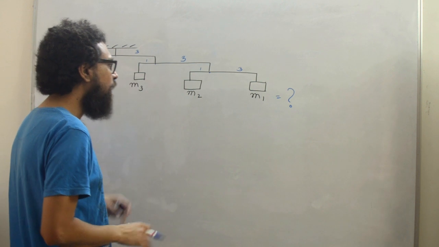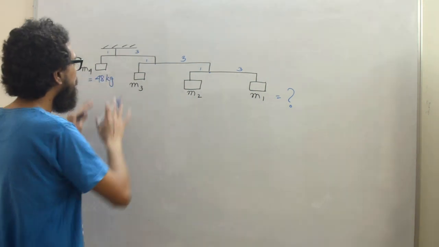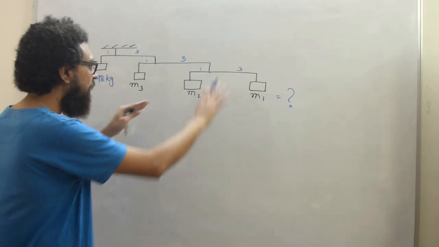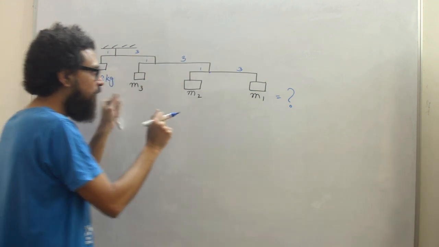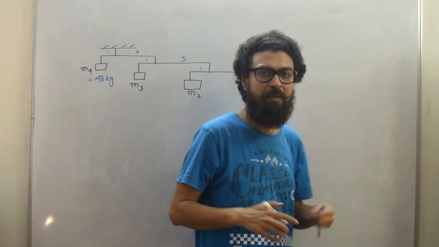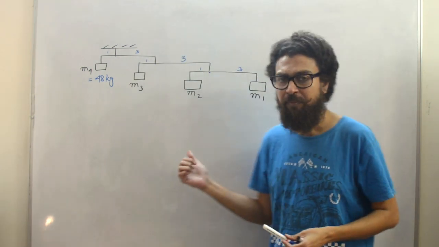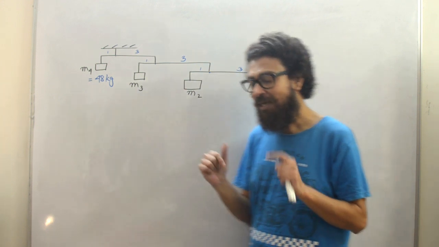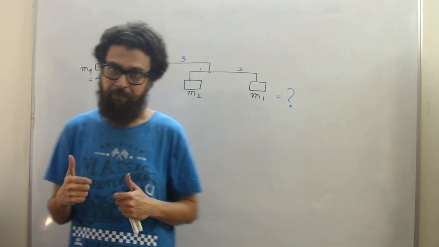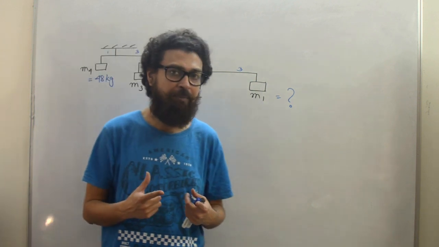Fine. Now what next? They have said that this whole thing is under equilibrium. So none of them are having any rotational motion. And when you have this kind of arrangement, do you remember anything? Again, this problem is initiating a simple concept. What is the condition of equilibrium? What are the types of equilibrium we have?